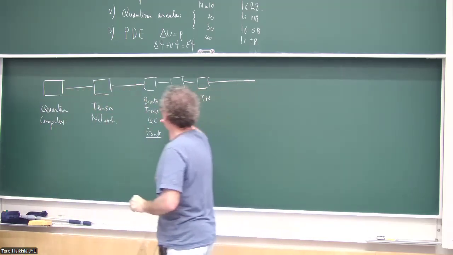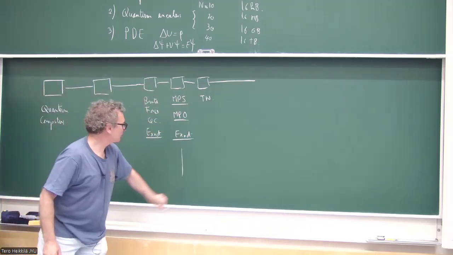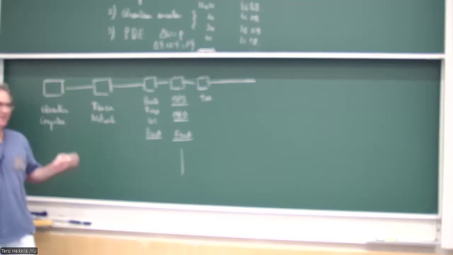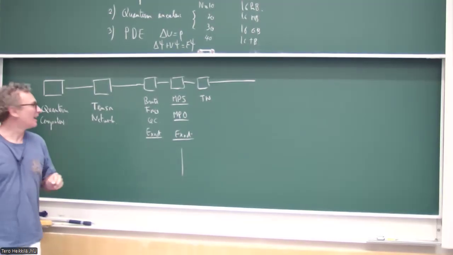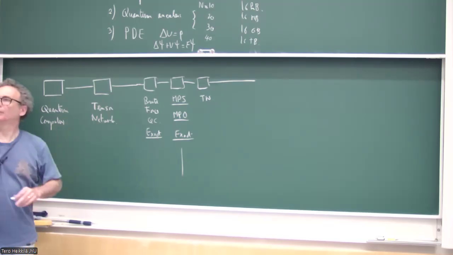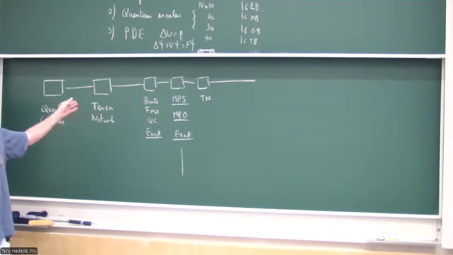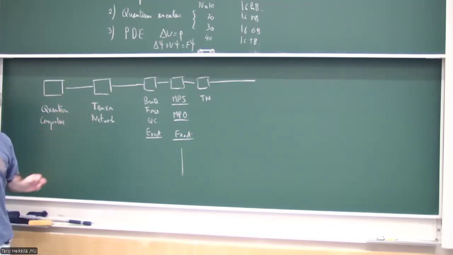The whole idea of this first part, and I hope to reach here today, we'll see how far I am, is first that it will teach you something about quantum computers. You will see when they are hard to simulate and when they are not. And it will teach you the basic way of using all these things that I have introduced here.